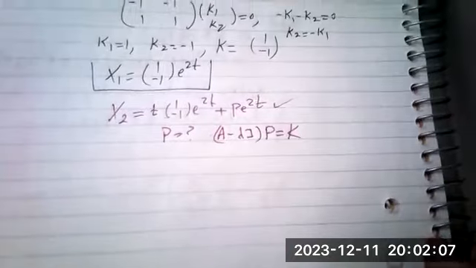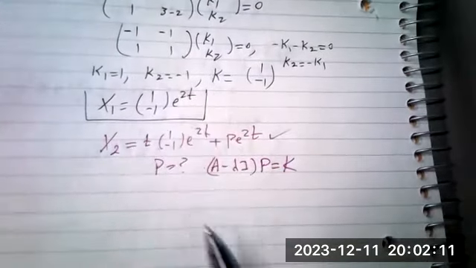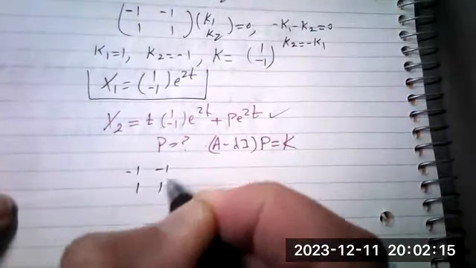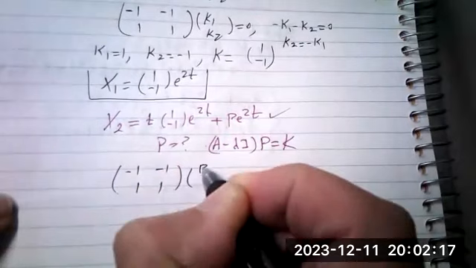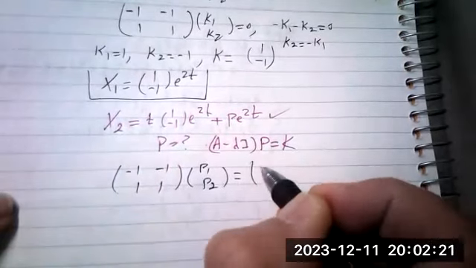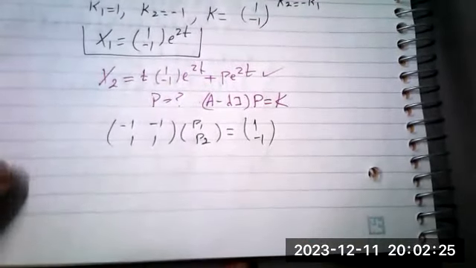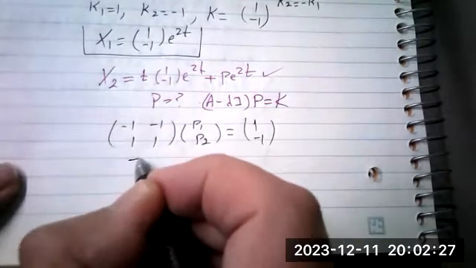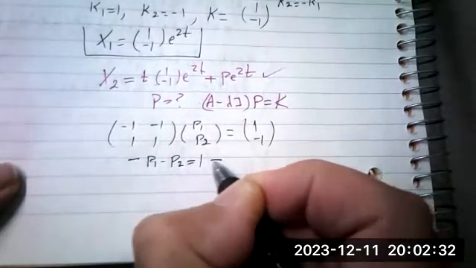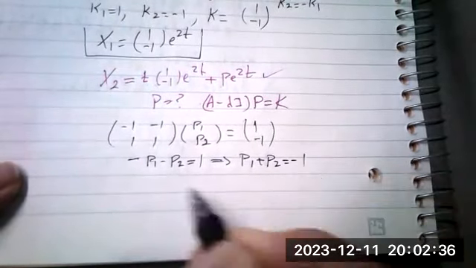So go back to the matrix that you already got here: -1, -1, 1, 1 multiplied by P1, P2. Now you let it be equal to K, which is 1, -1. The first row would be sufficient: -P1 minus P2 equal to 1, so P1 plus P2 equal to -1.